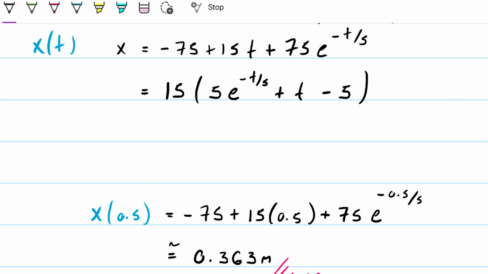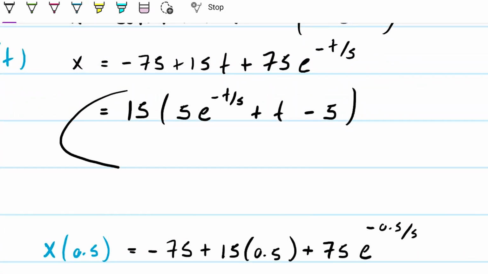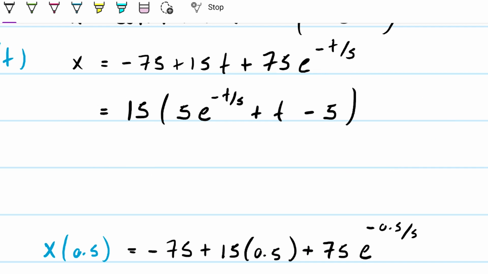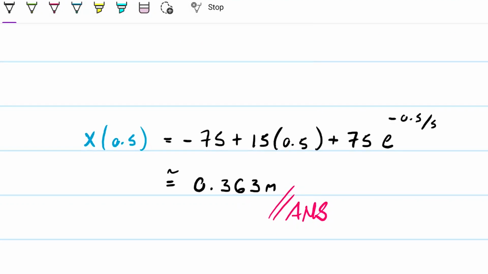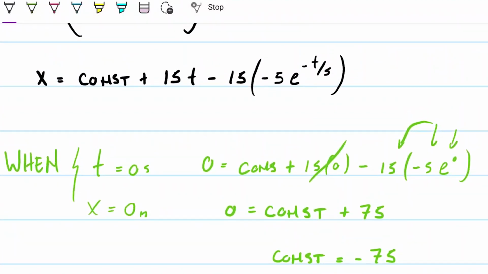I think that's a bit less daunting. Same thing, right? So now that we have this equation, we can find out the position of this given particle at any time that we possibly want. We can find it at time equals 0, time equals 1, 2, 3, whatever you want. At 0.5, it happens to be at 3.6 meters of distance.